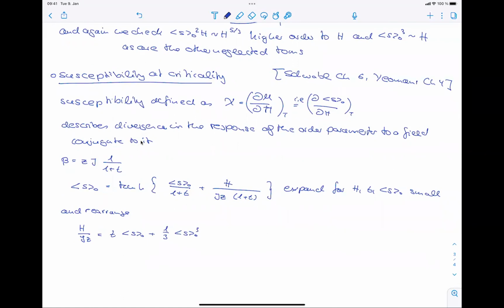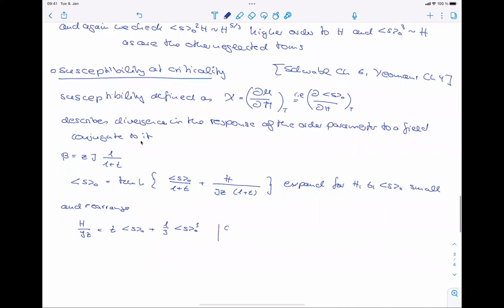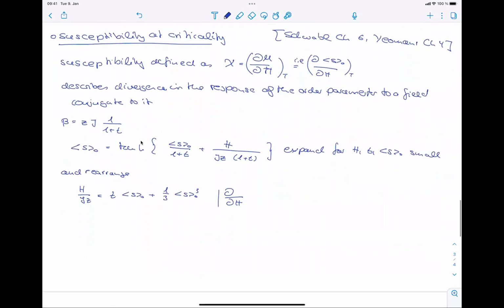What we're interested in is to find the derivative of the magnetization with respect to H, right? And so, neglecting the higher order terms and expanding this equation, we arrived at this expression. And if we now take the derivatives with respect to the applied field, we will get these derivatives in a functional form. So we apply this, we get 1 over JZ here, T. Here we get our response function already.